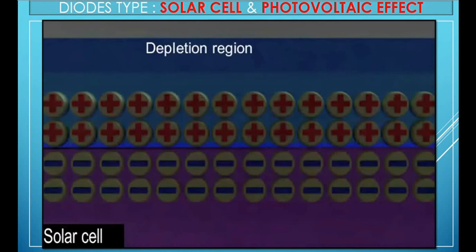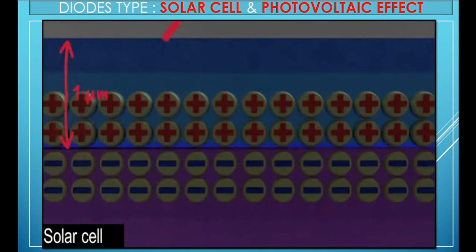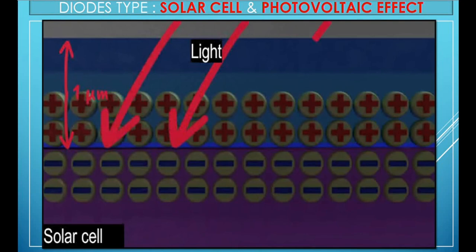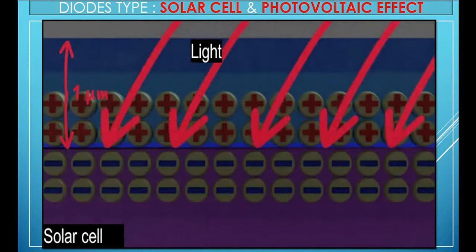Due to this combination, a depletion region forms near the junction, and the upper layer has positive ions and the lower layer has negative ions. The upper N-type layer is very thin, approximately 1 micrometer. So light can easily penetrate it, and it can fall on the junction easily.